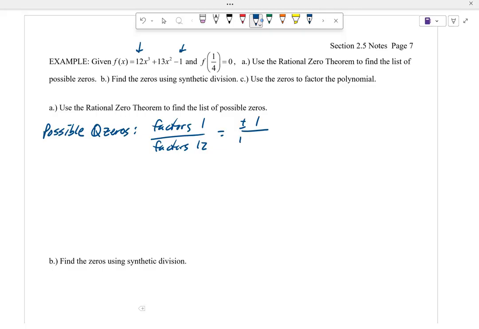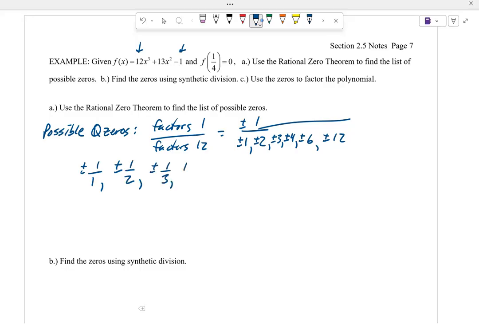Factors of 12 would be 1 and 12, 2 and 6, and 3 and 4. So we got plus, minus 1 over 1, plus, minus 1 over 2, plus, minus 1 over 3, plus, minus 1 over 4, plus, minus 1 over 6, and plus, minus 1 over 12.